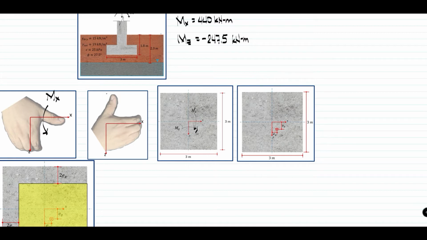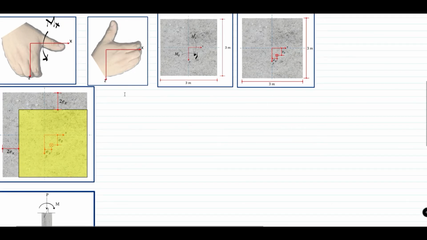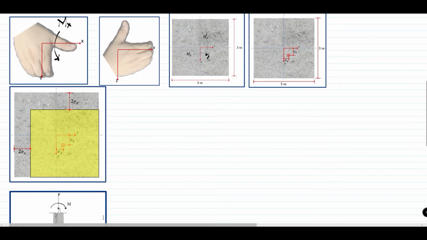So as you can see, ito yung actual load natin. So meron tayong eccentricity along z at meron tayong eccentricity along x. So ngayon kailangan natin i-determine ano yung values nung eccentricity na yon para magawa natin yung effective area at ma-determine natin yung effective width and effective length.